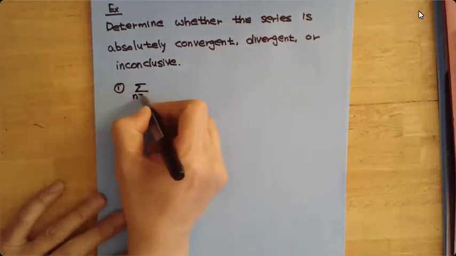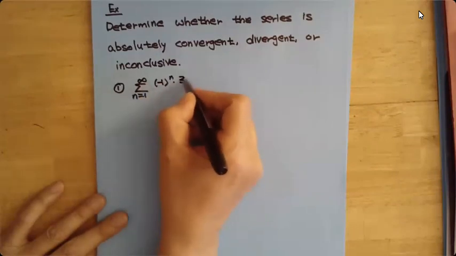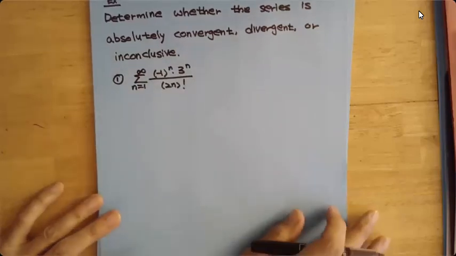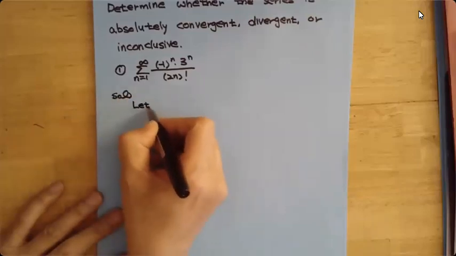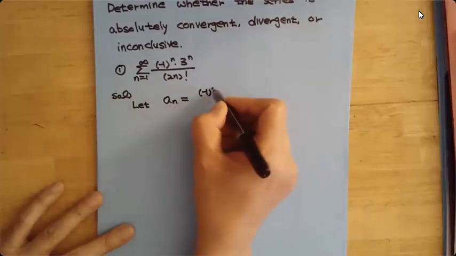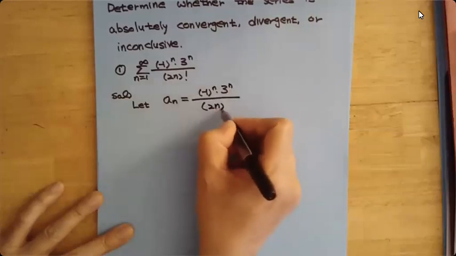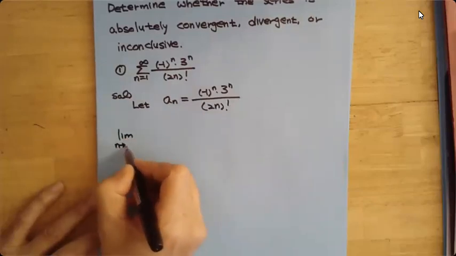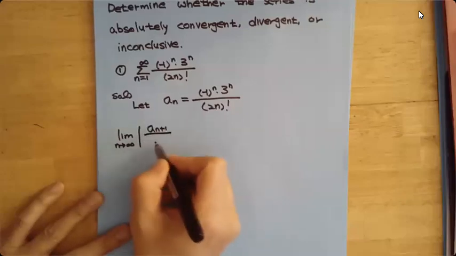The first problem is the sum from n equals 1 to infinity of negative 1 to the n power times 3 to the n power over 2n factorial. The defining sequence for this series is negative 1 to the n power times 3 to the n power over 2n factorial. We think about the ratio, so we consider the limit as n goes to infinity of a_{n+1} over a_n.